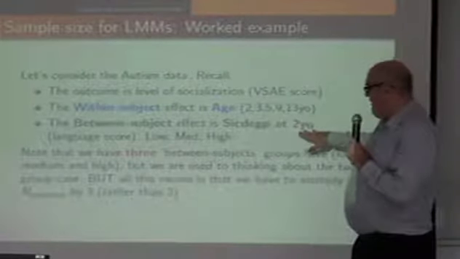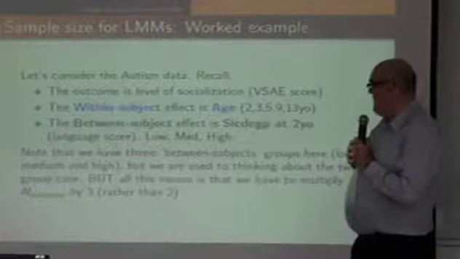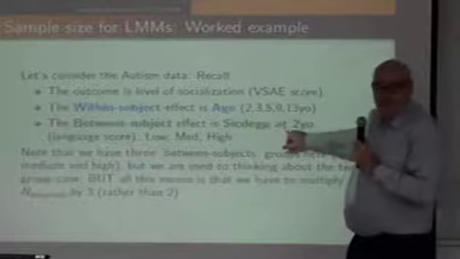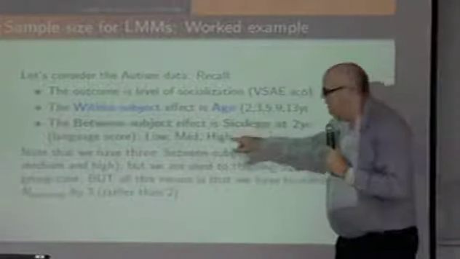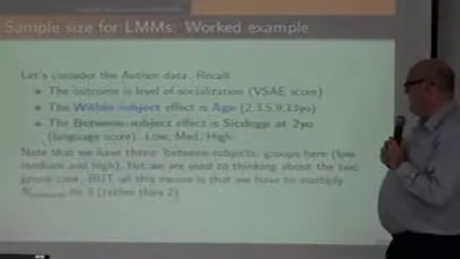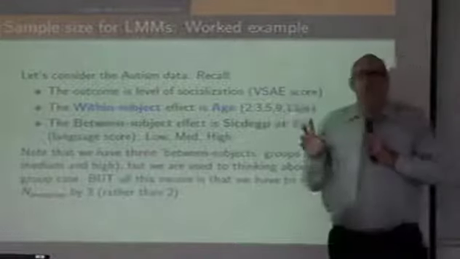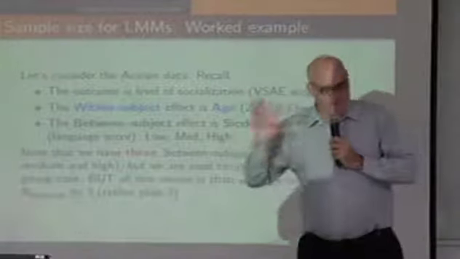We had a between subject effect of their communication skills at 2 years, and we had 3 groups. So we have 3 between subject groups here, low, medium, high, and we're used to thinking about the 2-group case, but it's really simple. We just multiply the number per group by 3. It's very, very simple.